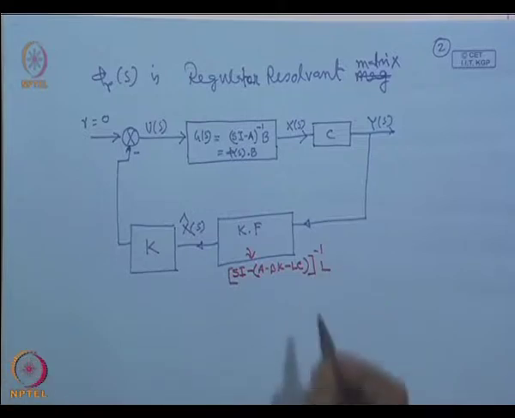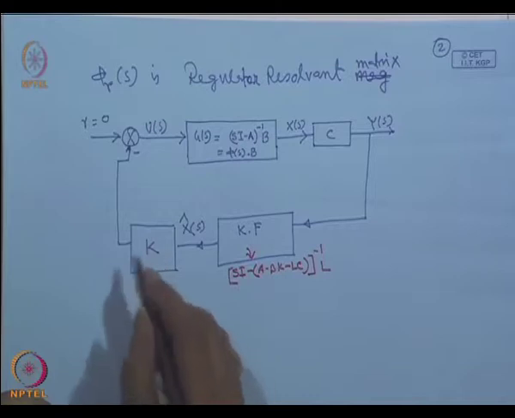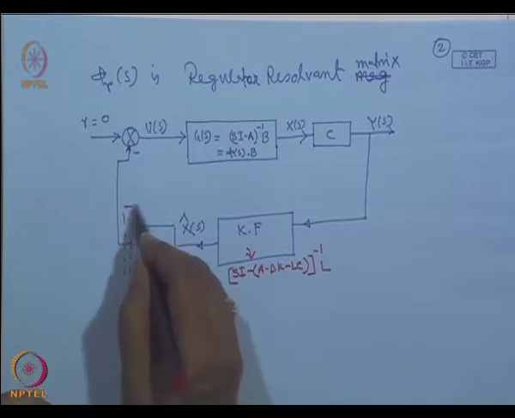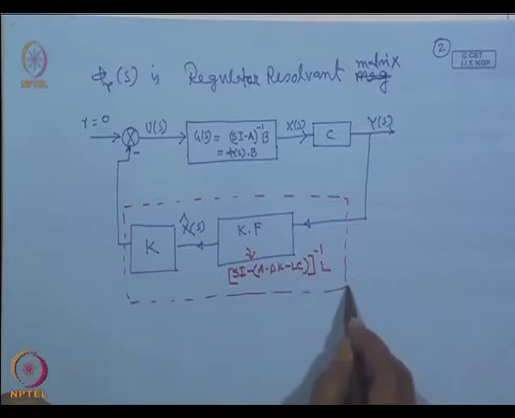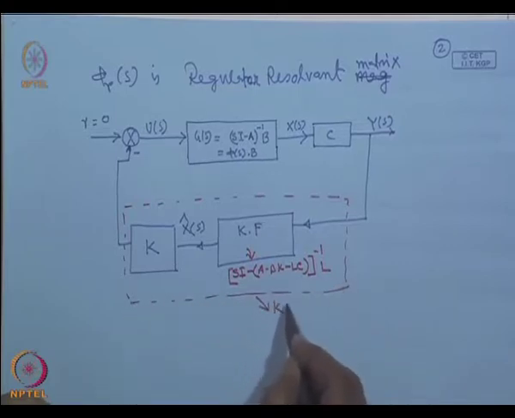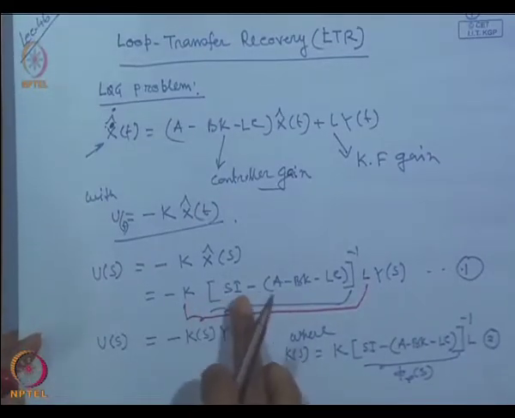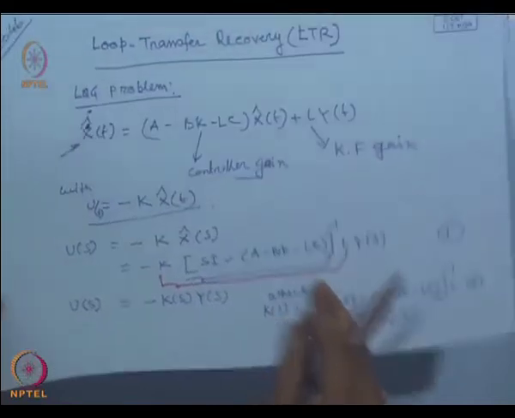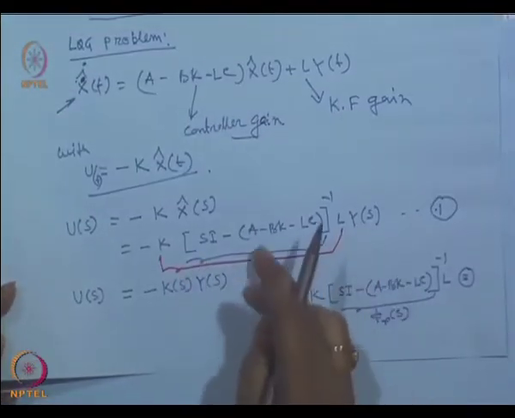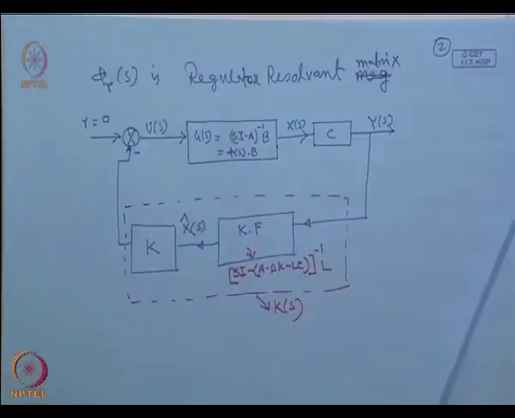That is our phi_L into K, that will be our K of S. See our K of S expression, K into phi, (sI minus A) whole inverse L, is our K of S, the whole thing.